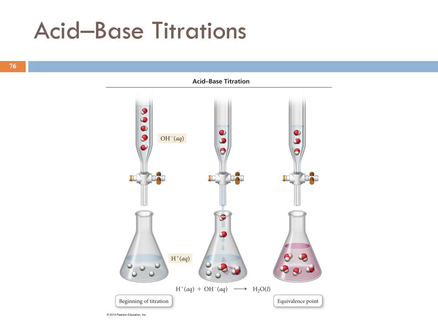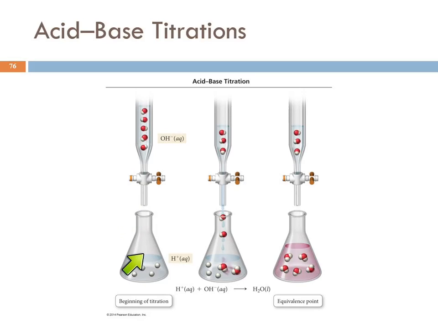Here's a picture. Illustration, really. So we know what this is, right? This is a burette. And burettes are useful for adding and measuring volumes of liquids. And so here we have a hydroxide solution in the burette, and down here we have an acid solution.